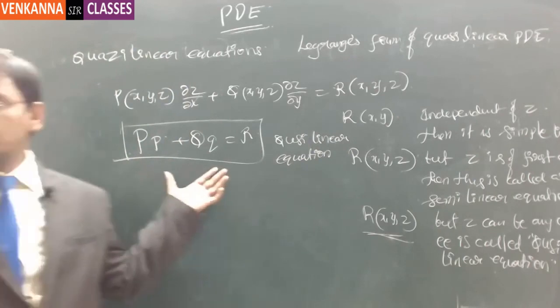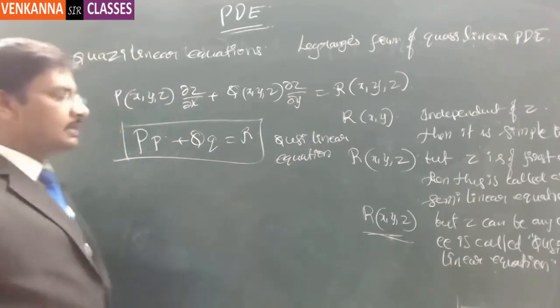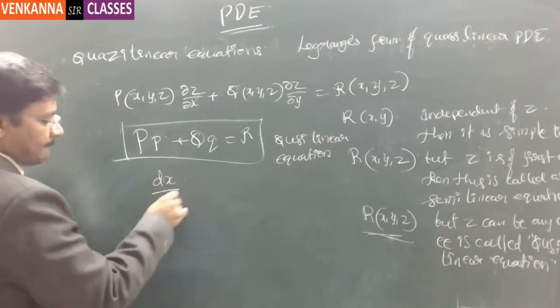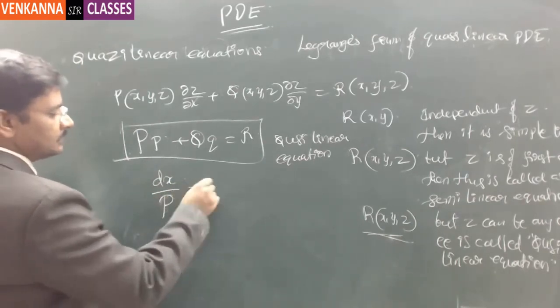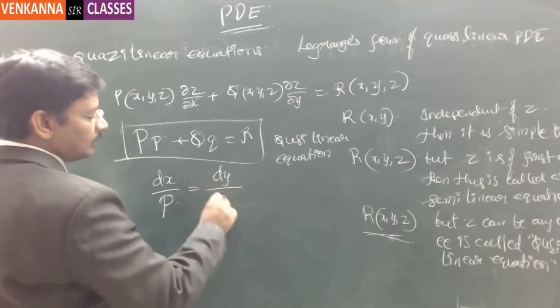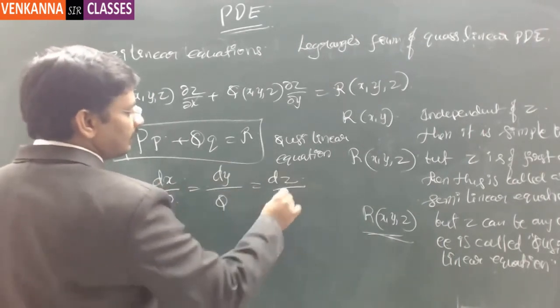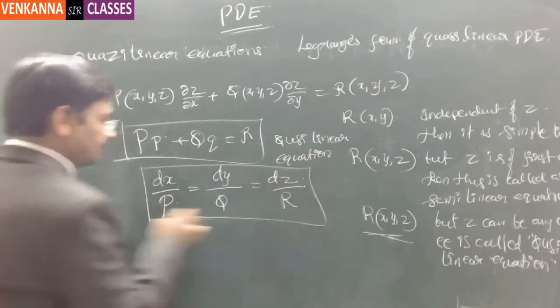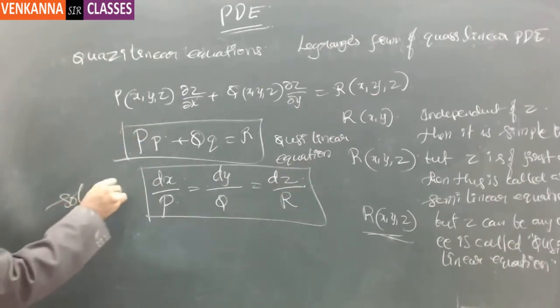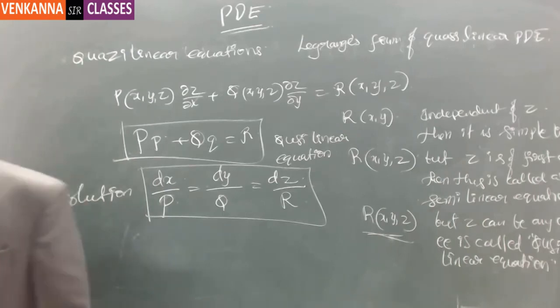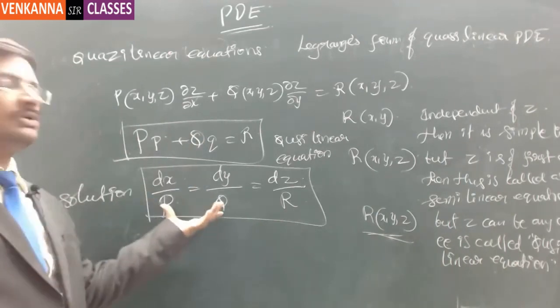So if it is a quasi-linear equation, the straightforward solution is dx by capital P is equal to dy by capital Q is equal to dz by capital R. So this is the solution of a quasi-linear equation. Got it? Note down this. So if this is the format, then this is the solution for it.